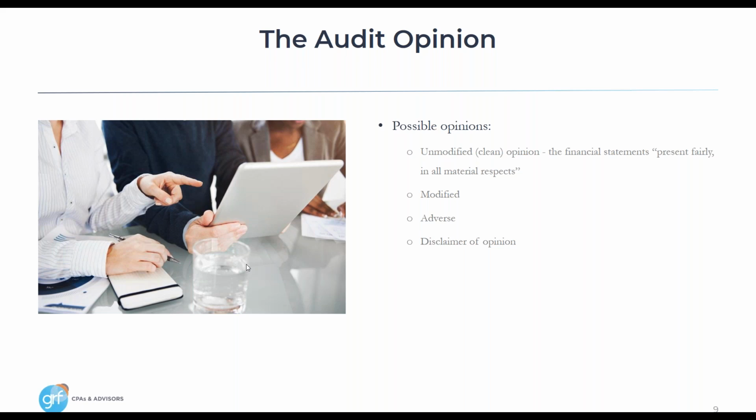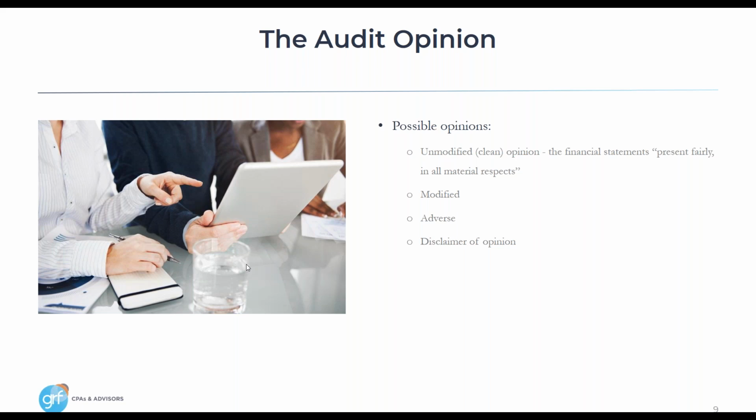The unmodified opinion is a clean opinion and is something every organization strives to achieve. The other opinions noted would be issued if there was a scope limitation or misleading or inadequate financial disclosures that ultimately could make the financial statements presentation materially misstated.